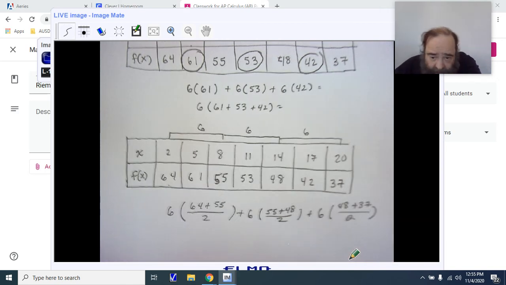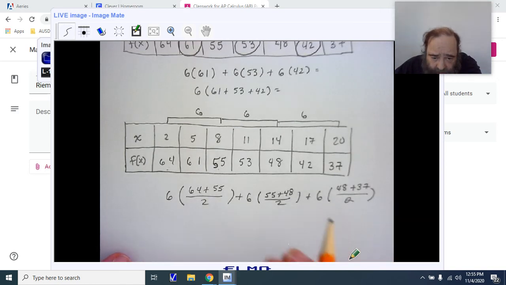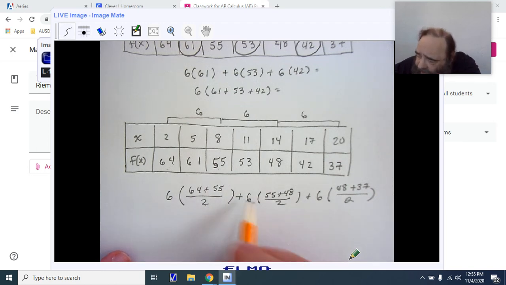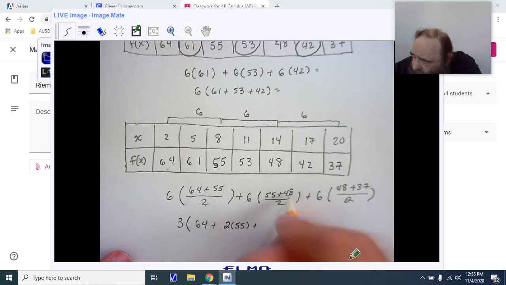Now, there's a lot we can do here. Just as we saw in the previous one, we can factor out the 1/2 and the 6 to leave us with 3 times 64 plus 2 55s plus 2 48s plus 37.